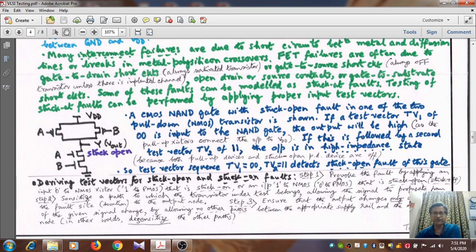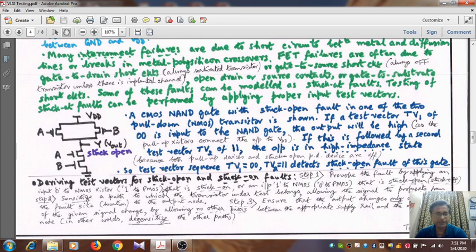So you provoke the fault by applying a voltage which is opposite to that which corresponds to the defect, so that you get an output different from the normal output. It can have a correct output, it can have a faulty output. In order that the faulty output comes on, we provoke the fault by applying an input 0 to an NMOS transistor that is suffering from stuck on effect.